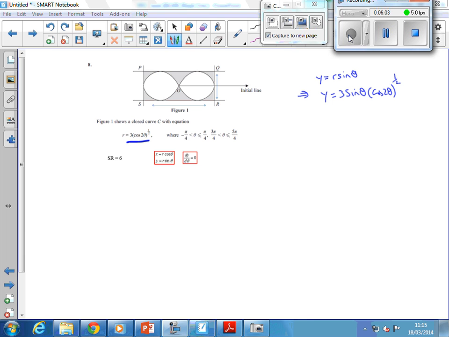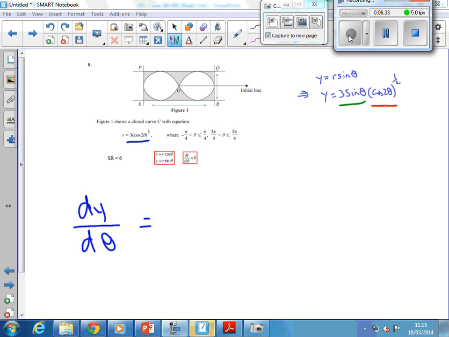So we need to find dy by d theta. Now we should recognize that we have a product of two functions. Imagine that's u, and that's v. Then using the usual rule for differentiating products, it's u dv by dx plus v du by dx. So I'll just do that.